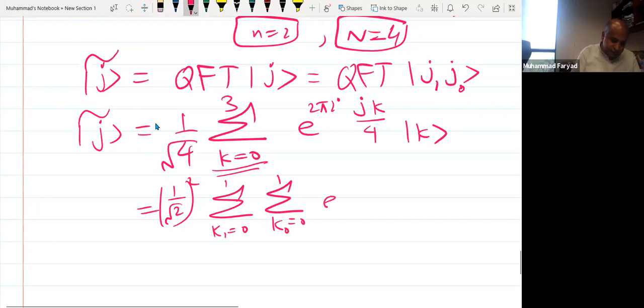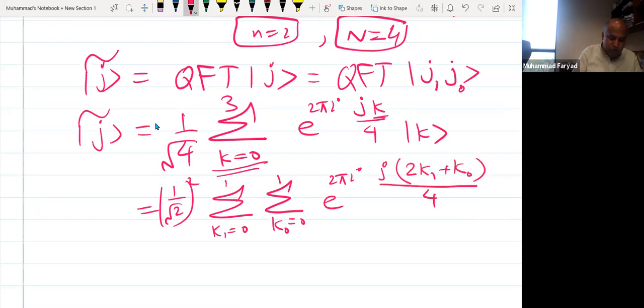So this becomes exponential 2 pi iota j, and let's keep this j here, but this k, let me write it in an expanded form. This k is 2k1 plus k0, over 4, and the state is k1 k0.